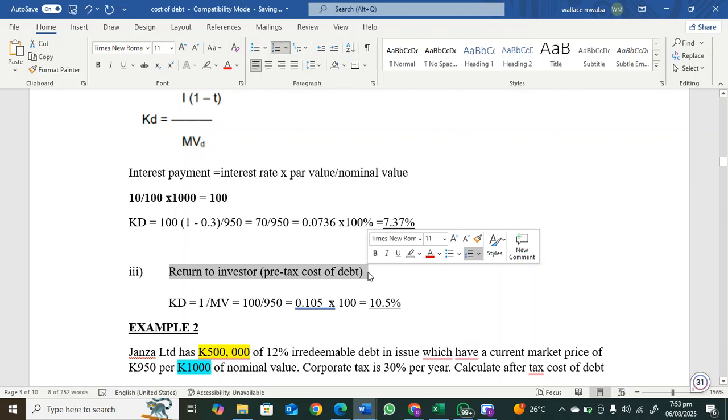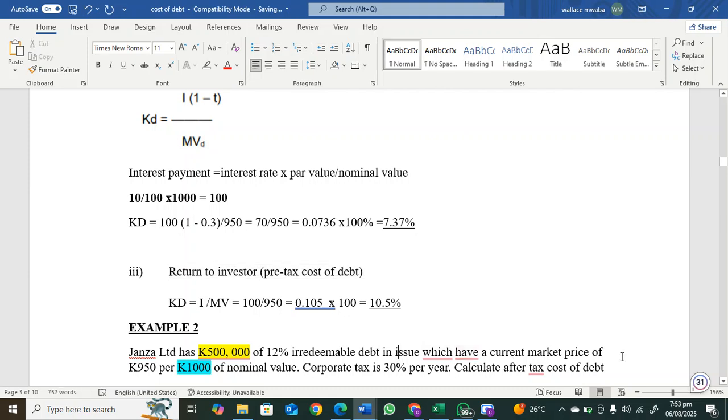They might ask you what's the pre-tax cost of debt. But as I said, it's rare. If you are asked about the pre-tax cost of debt or the return to the investor, for irredeemable debt, just know you're using this formula and excluding 1 minus T.